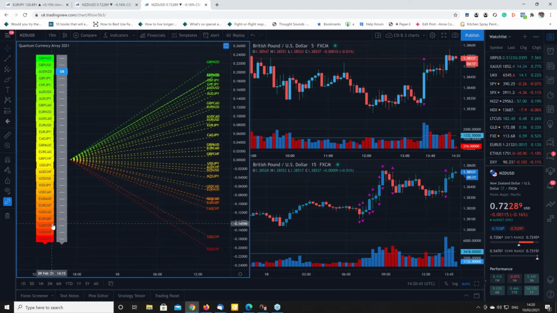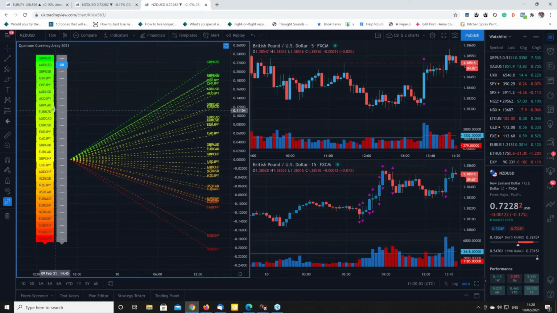But then equally down the right-hand side here of the column, the second column, what this signals is whether a currency pair is approaching or at an overbought or oversold state.